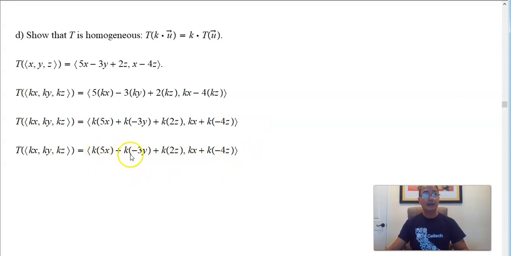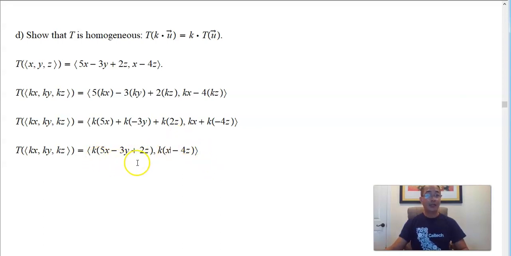Okay, now we can see that each of these terms has a k, and so let's use the distributive property for real numbers. We can put the minus 3y inside and the plus 2z inside. So this whole term gets multiplied by k, and similarly we can put x and minus 4z together.